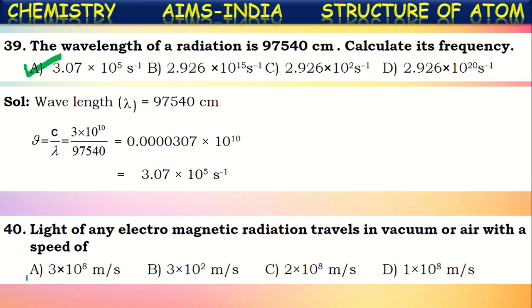Where is it given? Here it is. That is the velocity of all the electromagnetic radiations. One more common property is that all electromagnetic radiations travel at the velocity of light, and they do not need any medium for their propagation. Means they can travel through a medium, and even through vacuum also.